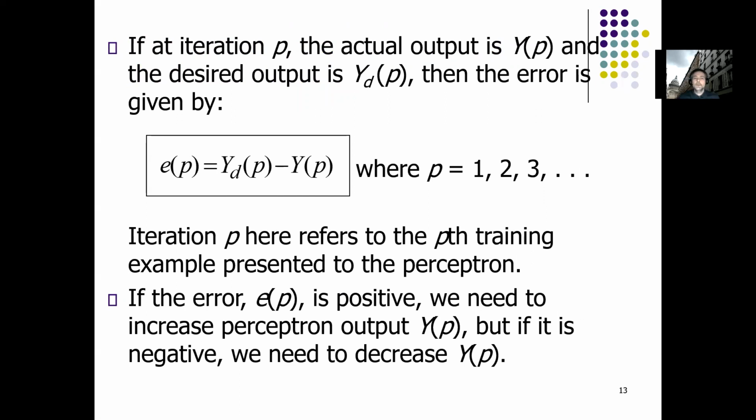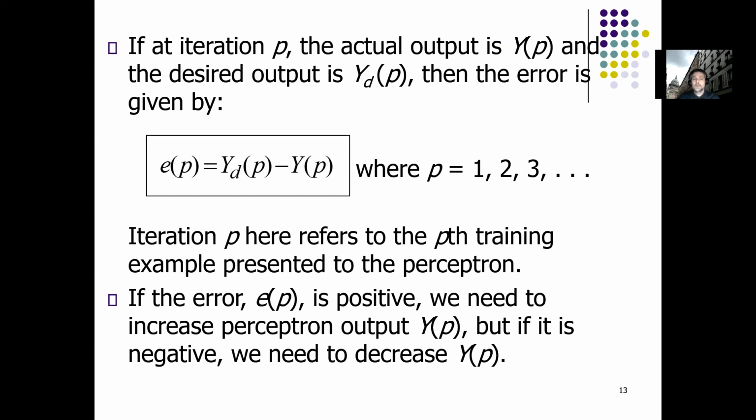The error is defined as the difference between the desired output of this node and the actual output. That's the reason it belongs to the group of methods called supervised learning. We assume that someone can give us information about what the desired output of this node would be for each one of the inputs that it receives at each time step.